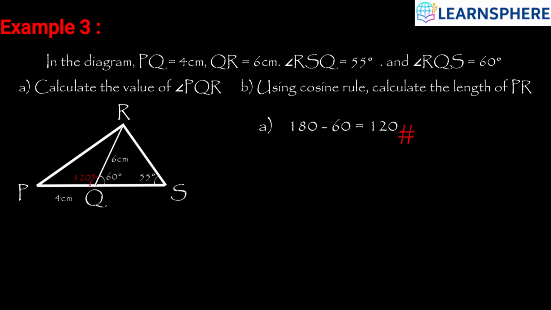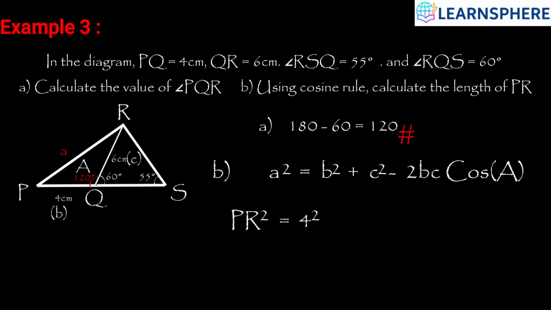For part B, using cosine rule, calculate the length of PR. As we are asked to solve for the length, and we have two other lengths of 4 and 6 in triangle PRQ, and we also know angle PQR to be 120 degrees, PR will be small letter a, angle PQR will be capital letter A, PQ can be B, and RQ can be C. Next, using the cosine rule formula, a squared equals b squared plus c squared minus 2bc cosine A, and substituting in the values, we get PR squared equals 4 squared plus 6 squared minus 2(4)(6) cosine 120.